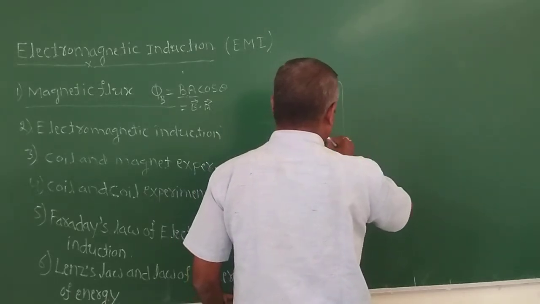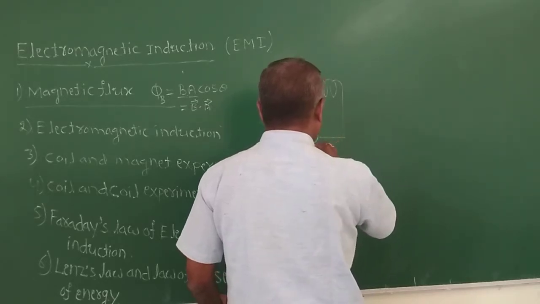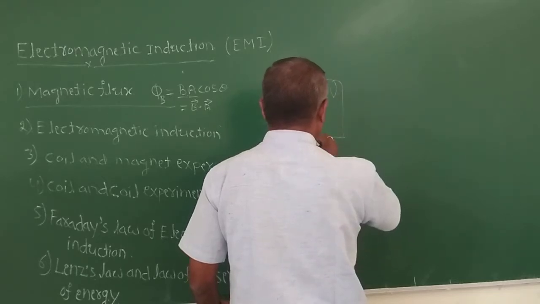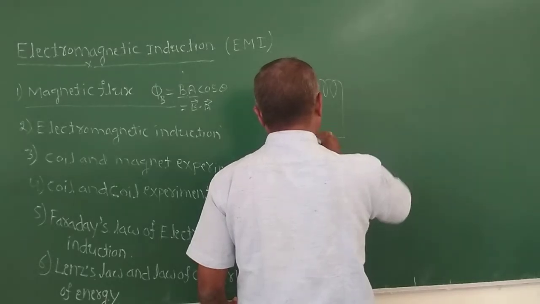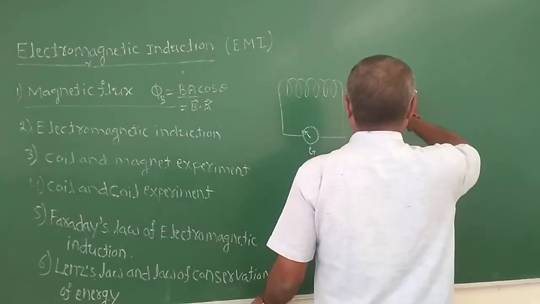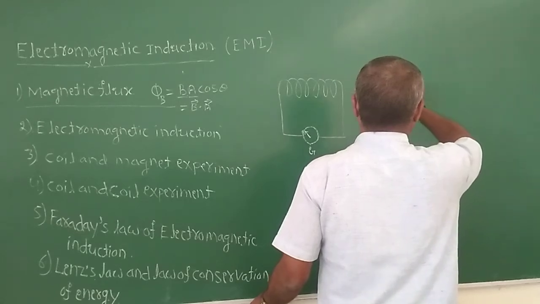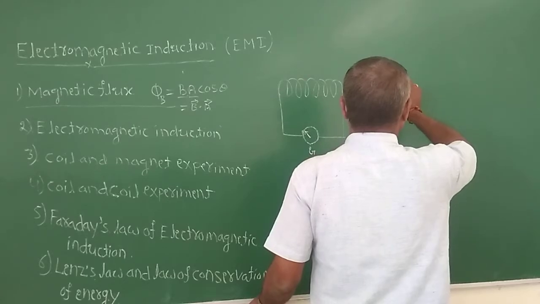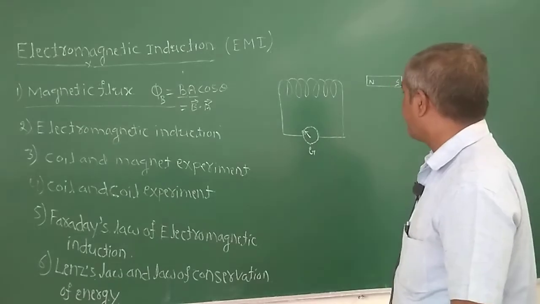Across the copper wire, one galvanometer is connected. Say this is the galvanometer. Now this is one bar magnet.